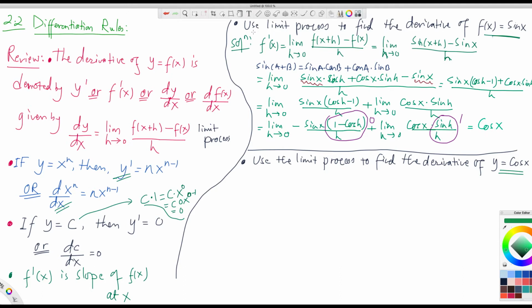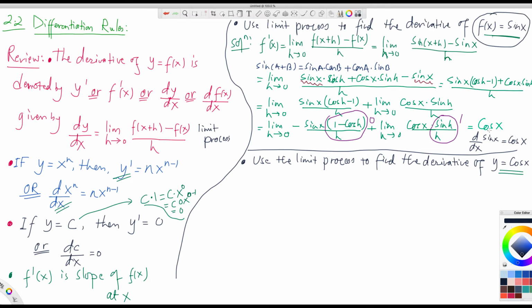So you see that the derivative of sine x is cosine x, right? If you want to, you can write it this way too: d over dx of sine x equals cosine x. Because we were taking f(x) equals sine x, and we got f prime of x equals cosine x.